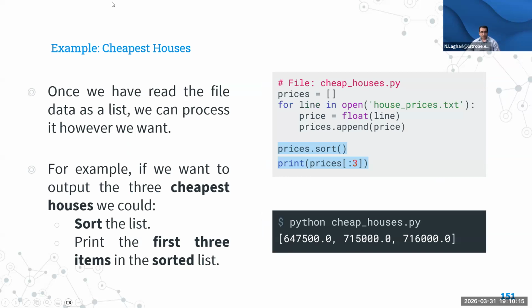Okay, now you want the cheapest house price. What you want to do is load the file, append the data, and then sort it. If you say just give us the top 3 cheapest houses, you sort and slice the list up to 3 items, from 0, 1, and 2, excluding 3, and it will print those from the list.